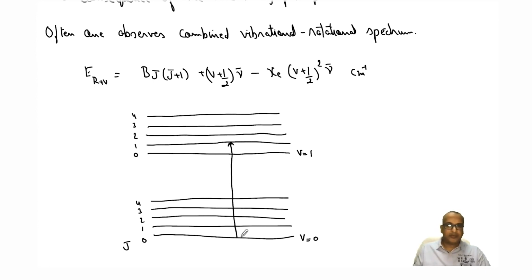Similarly, if I go from 1, I'll have to land on 2, because delta J also has to follow the rotational selection rule of plus or minus 1. So 3 will be like this.